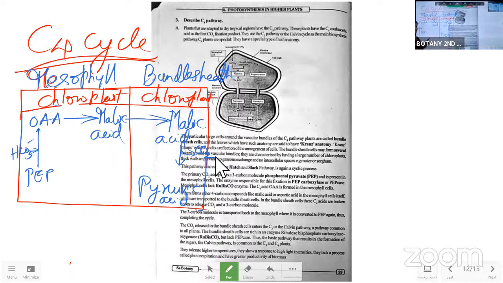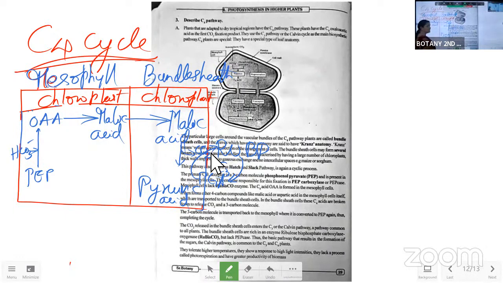Once decarboxylation occurs, the bundle sheath chloroplasts, which have a large amount of the rubisco enzyme, allow this carbon dioxide to be taken up by RuBP, ribulose 1,5-bisphosphate. It starts the C3 cycle and forms the first stable compound, phosphoglyceric acid, and the cycle continues.